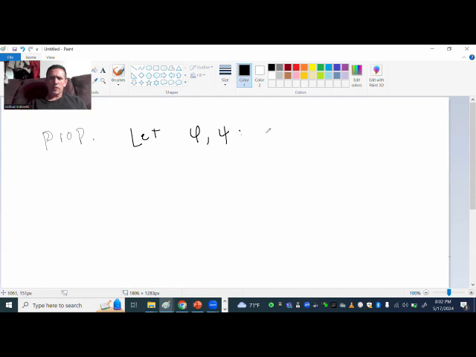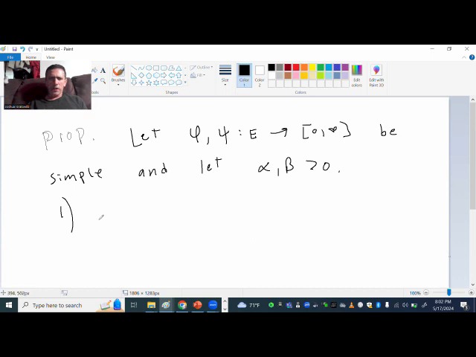And of course, always when I say simple, it's implied that they are measurable functions, and so is E. Okay, and let's say alpha and beta are positive. Okay, so one, we have linearity.